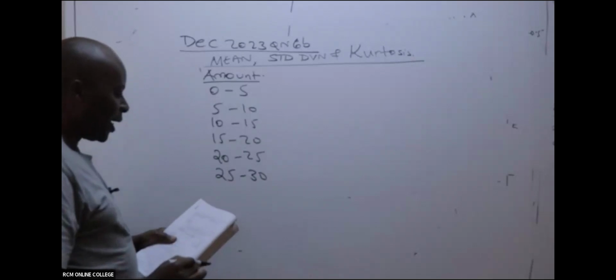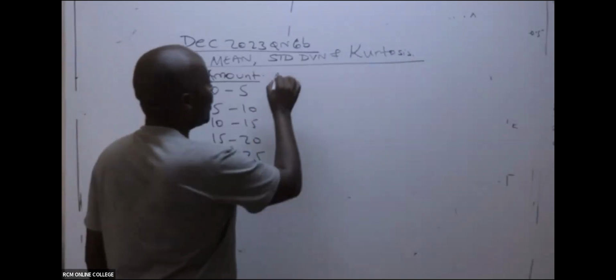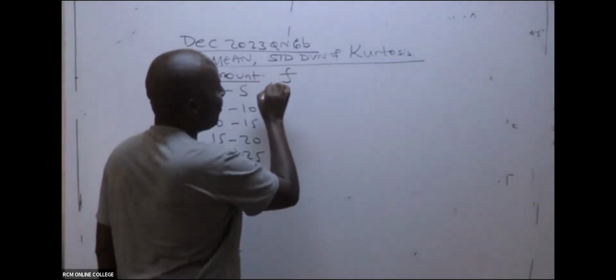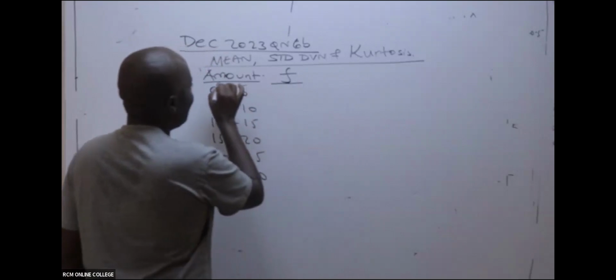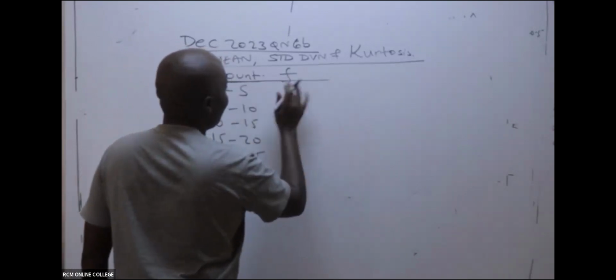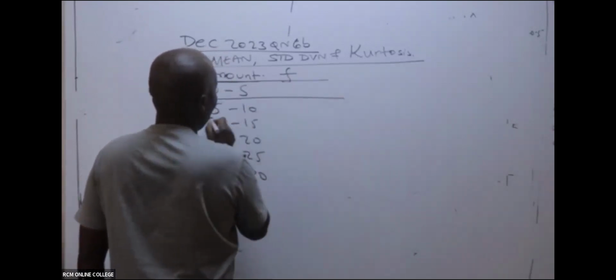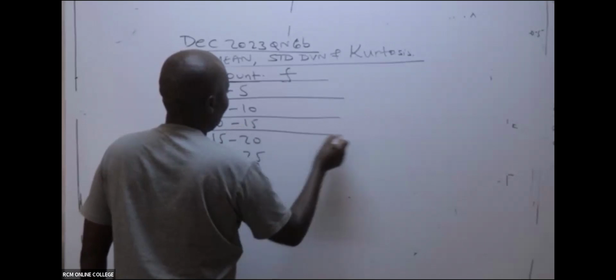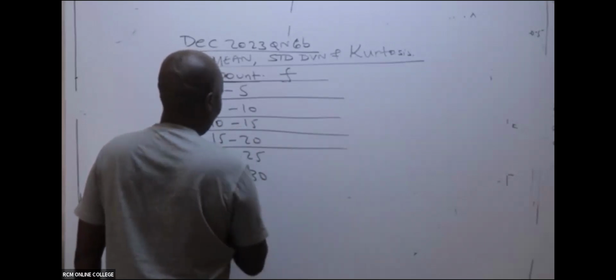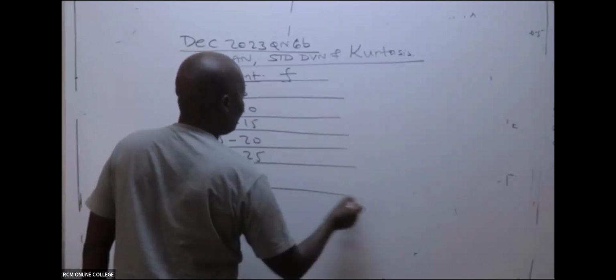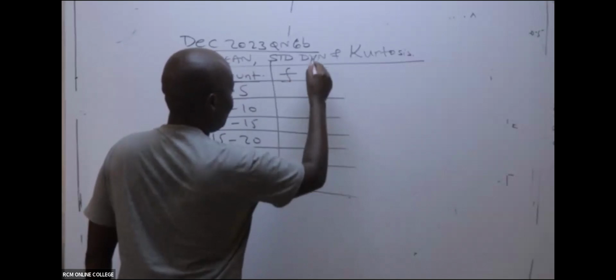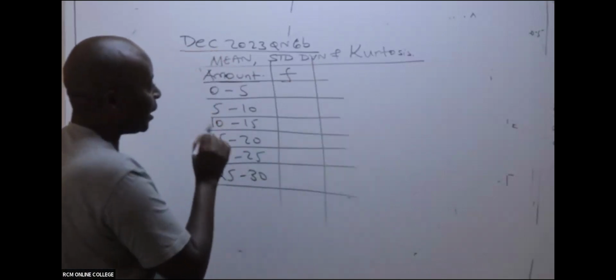And then I'm able to see the number of customers. Those are my frequencies. So they have given me the frequency, the number of customers in each class.